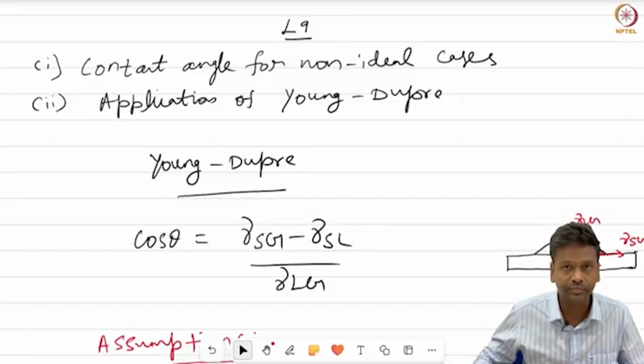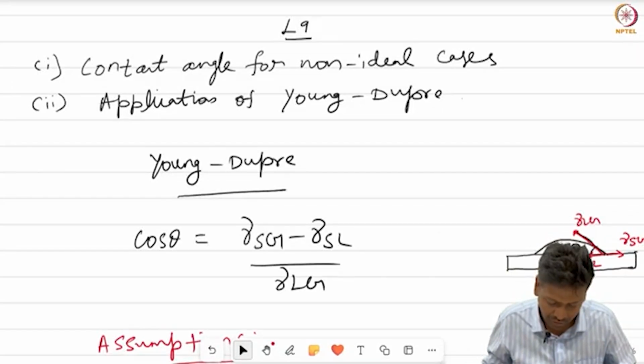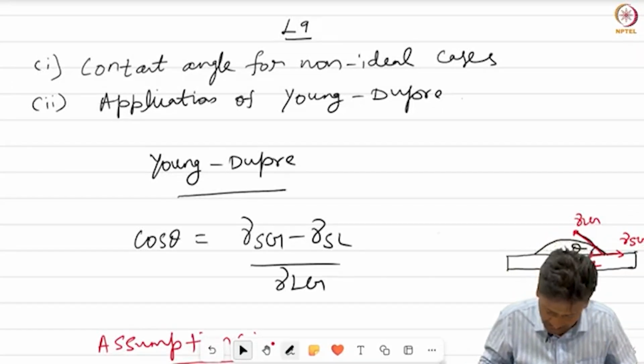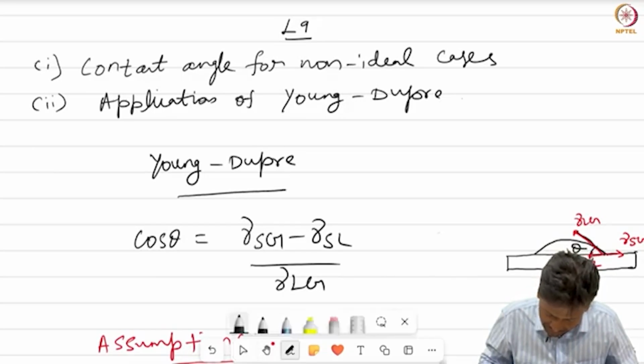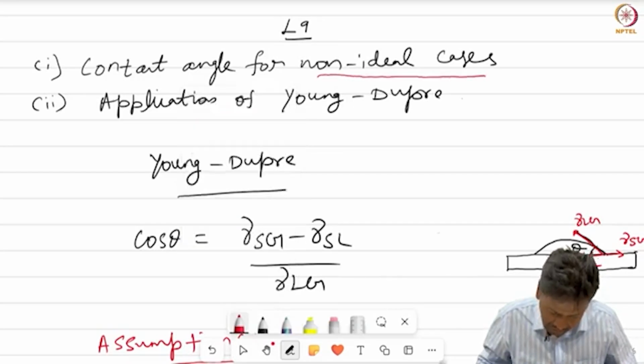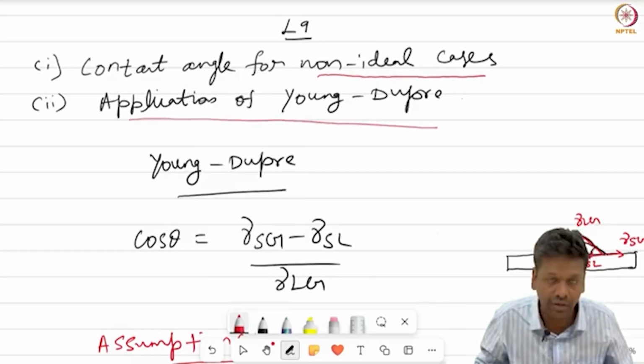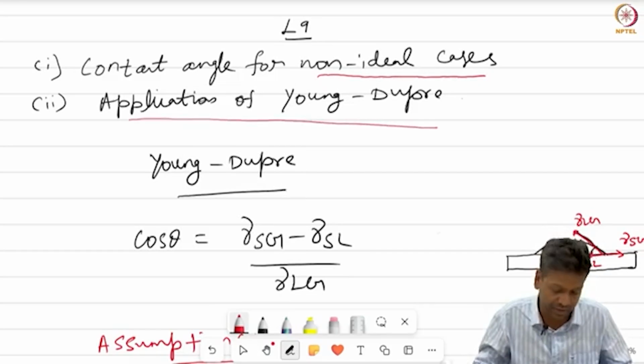As I just mentioned, we will look at the contact angle for non-ideal cases, and apart from that, we will also look at the application of the Young-Dupre equation in this lecture.